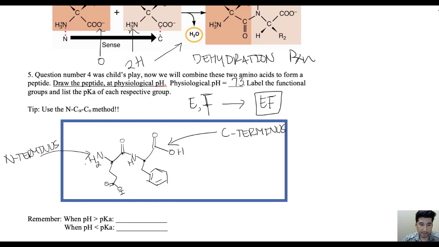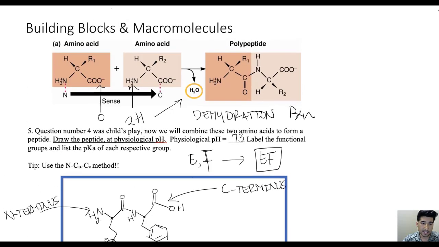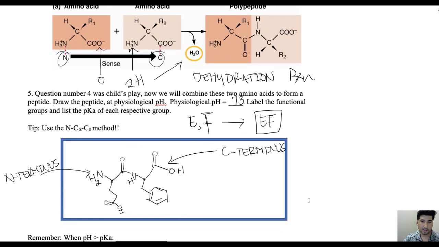So this amine group is called the N-terminus, and this carboxylic group is called the C-terminus. And if you see here, they labeled it as well. So this comes together to form the N-terminus, and that's the C-terminus. When they come together, you now have the N-terminus and the C-terminus. I'm repeating it because it's important.